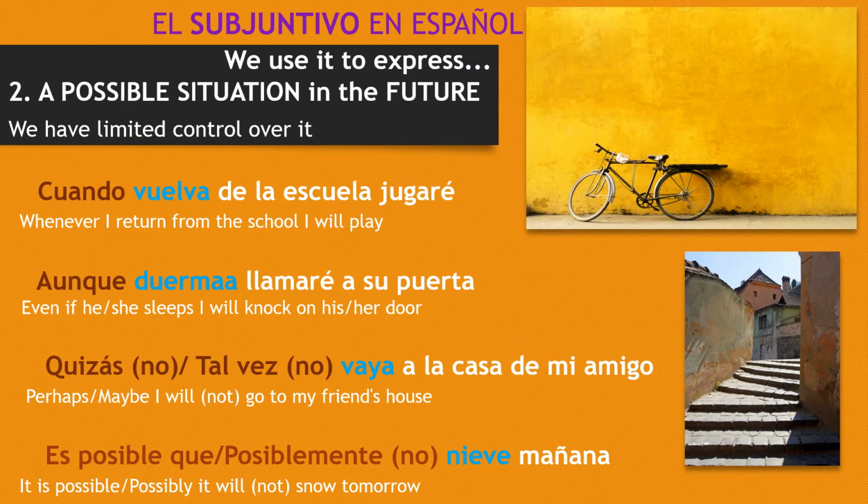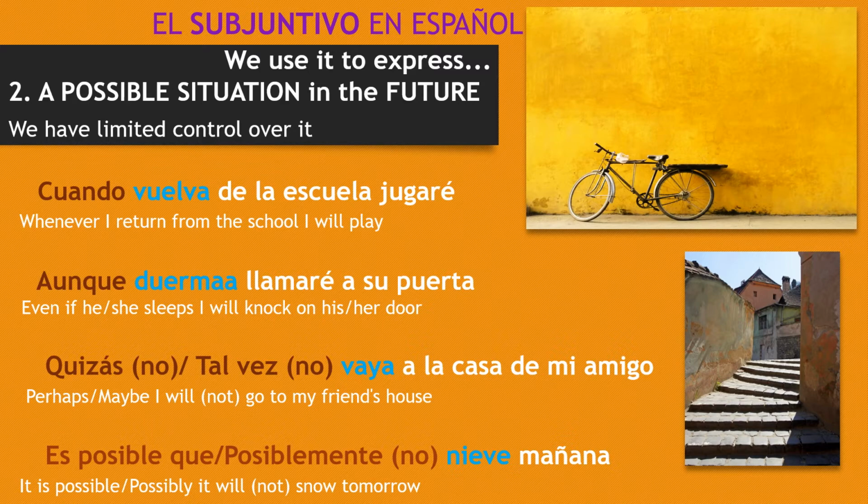Same as aunque, even if, okay? Aunque duerma, again, that A ending is telling you, because it's the third person, okay? If it was the present tense indicative, it would be duerme, right? Dormir, duerme, él o ella duerme. Because the subjunctive is duerma. Go back to those endings and you will see what I'm talking about.